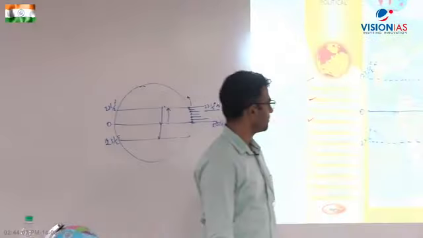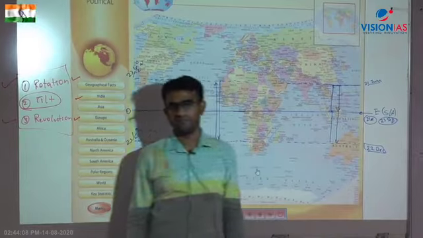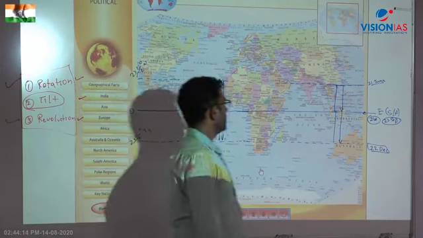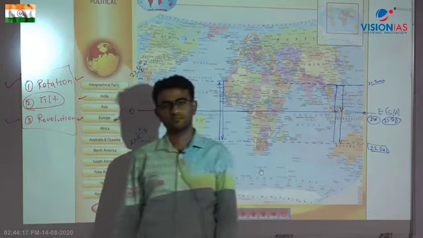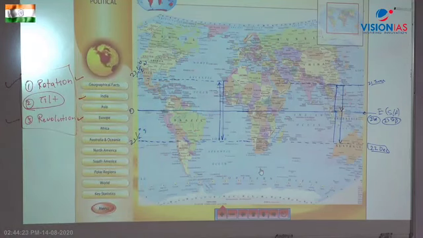In that, first point, on 21st of March, it is equator. 21st of June, Tropic of Cancer. 23rd of September, equator again. 22nd December, Tropic of Capricorn.